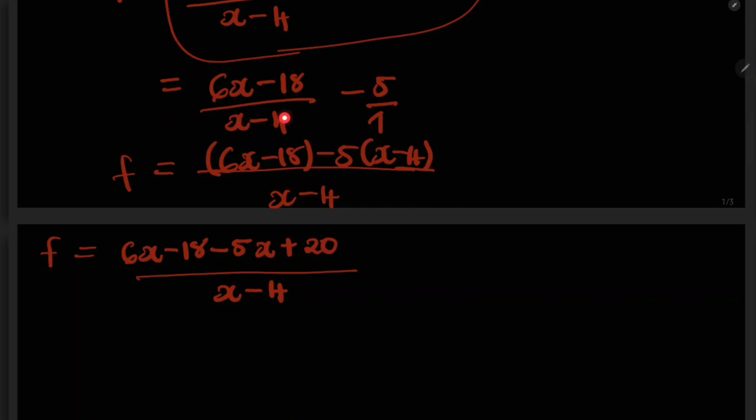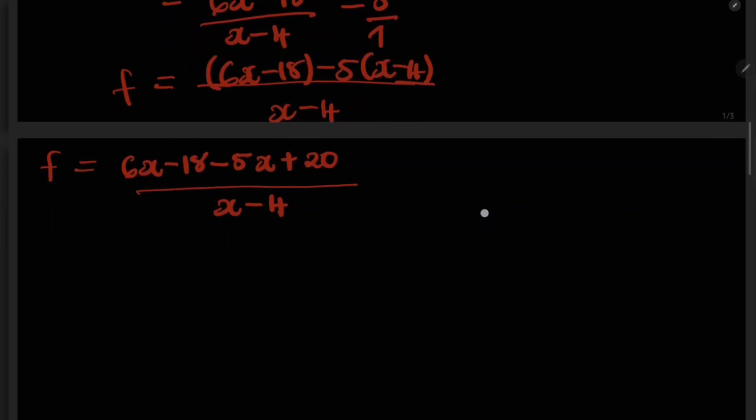Here we are taking the LCM, which is x minus 4. I opened this bracket. This is 6x minus 18 here. So we take minus 5 times x, which is minus 5x. And here we had minus 5 times minus 4. Minus and minus gives us positive, and 5 times 4 is definitely 20. All that divided by x minus 4.